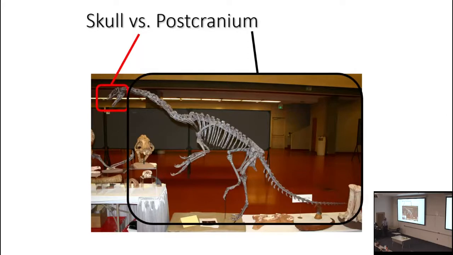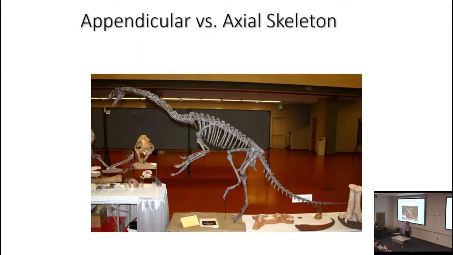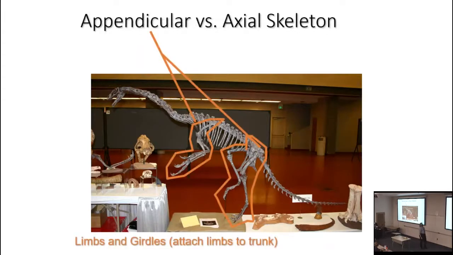And another way, particularly useful when we're talking about the postcranium, is to talk about the axial, first of all, the appendicular skeleton. An appendix, not in a biological sense, but just in that word itself in Latin, is that which is attached to. So the appendicular skeleton are the things attached to the axial skeleton.